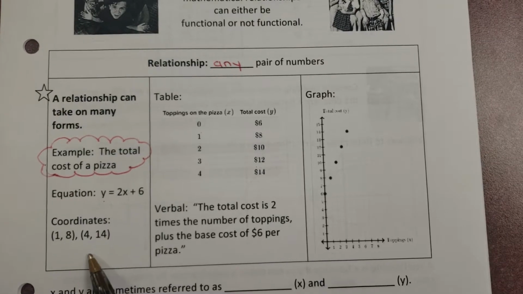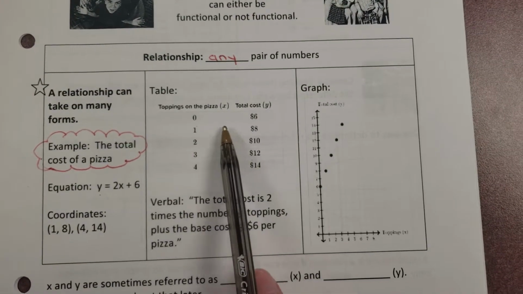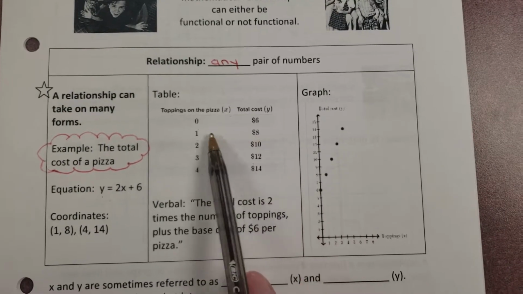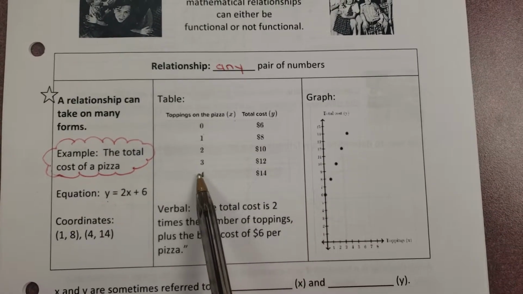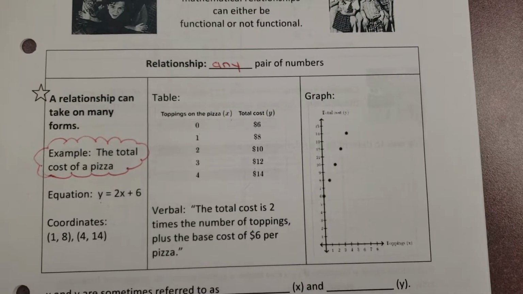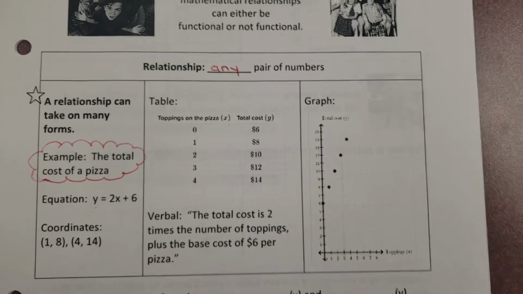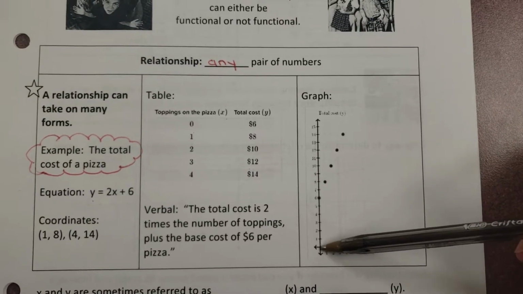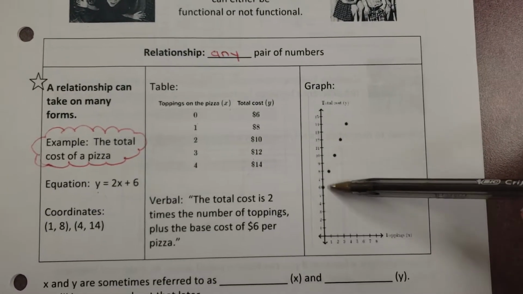And we can get coordinates from this table. So see how this is the x and this is the y. So I could have coordinates (1, 8) and (4, 14) if you remember how to graph. That'd be great if you remember how to graph. But if you don't, here's a little bit of a refresher. So here's the (1, 8).